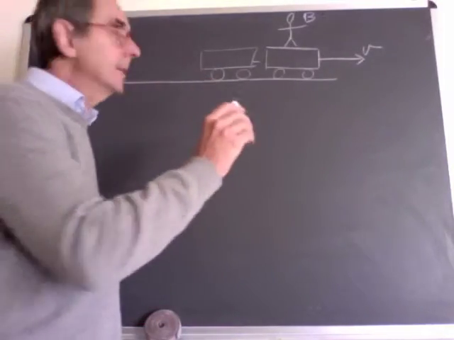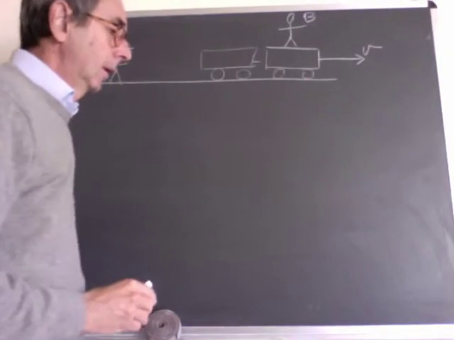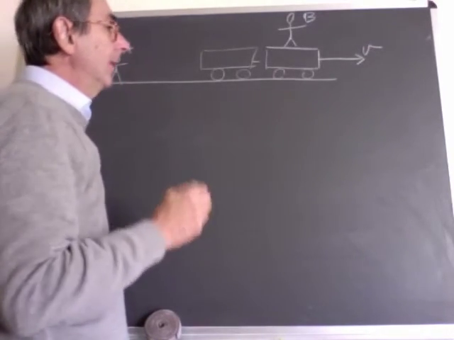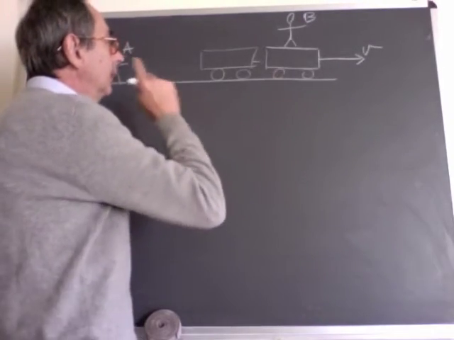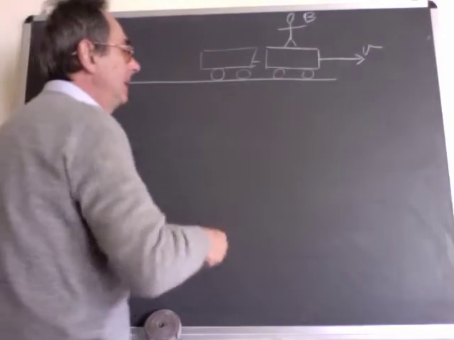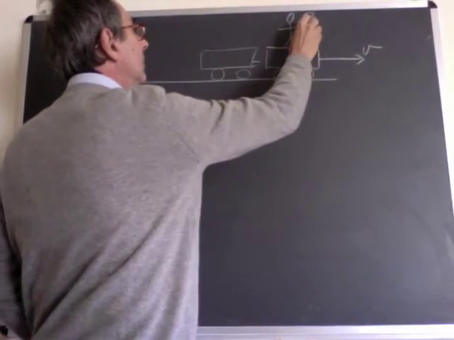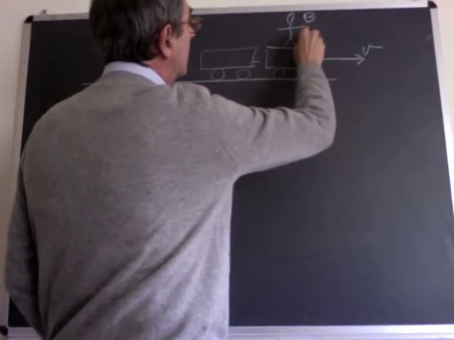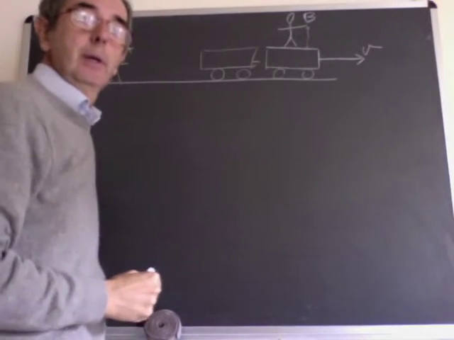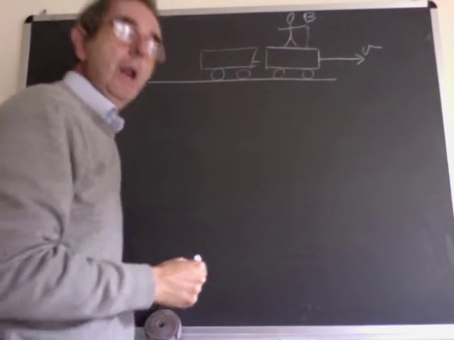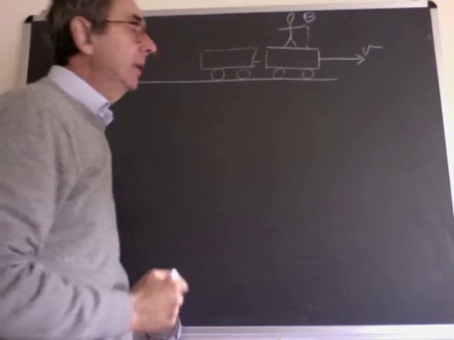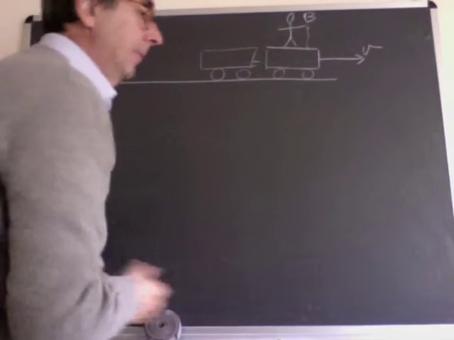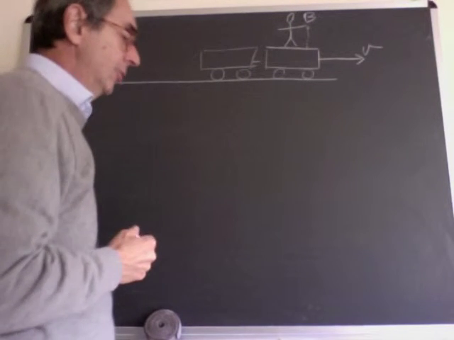Now, let's go on board the train, and let's see what happens if now the man B drops the same stone. We see that also in this situation, the stone will fall down vertically hitting the floor of the train, of the coach.